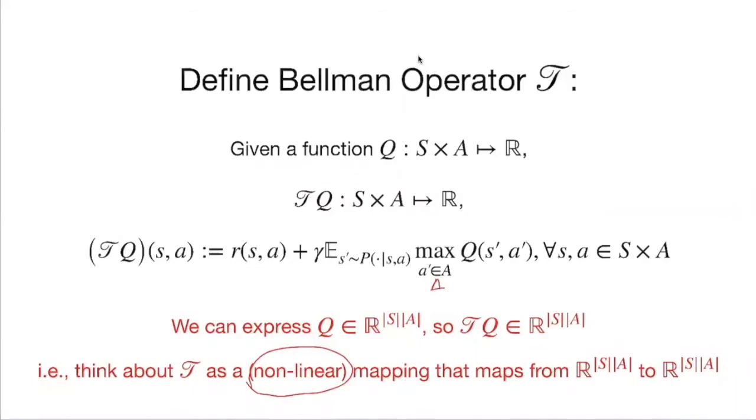By nonlinear, I mean that max over x of f(x) plus g(x) is not necessarily equal to max over x of f(x) plus max over x of g(x). If I apply the operator on the term f plus g, it does not equal applying the operator on f and g separately and then adding them together.